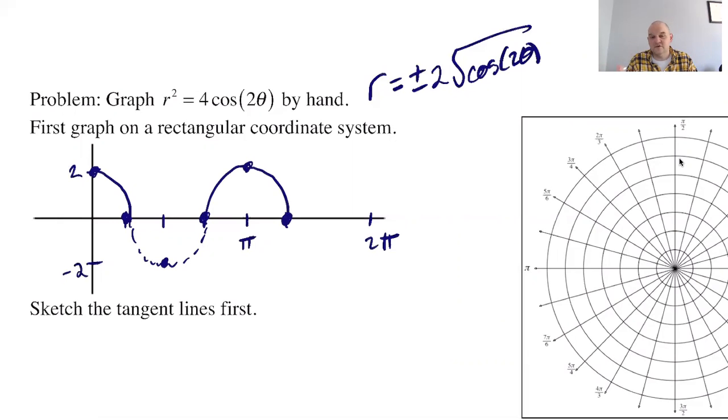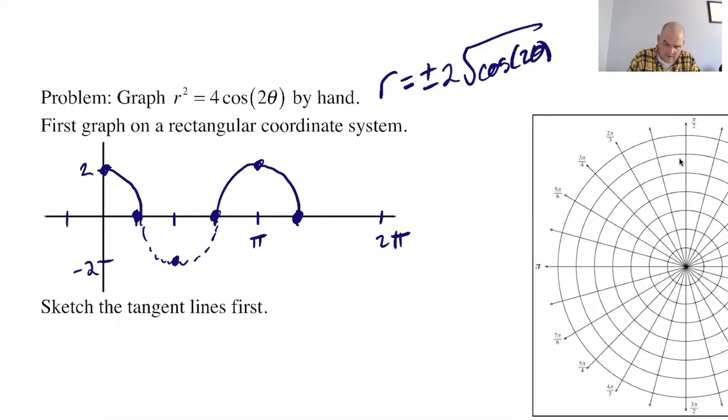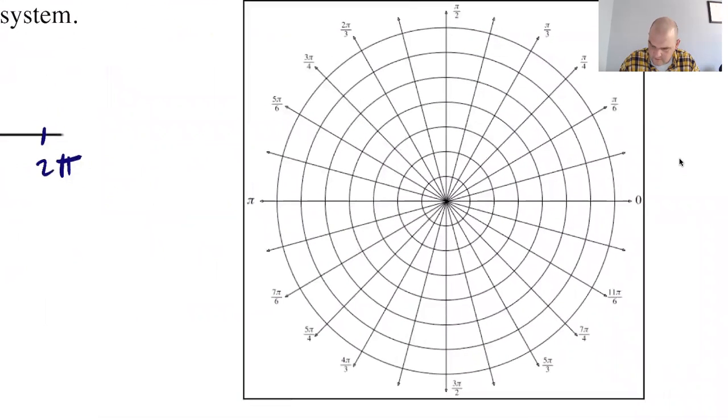I think a good idea here is to back up a little bit and do this. So this is pi, this is pi over 2, that'll be pi over 4, and this will be negative pi over 4. I'm going to use pi over 4 and negative pi over 4 as my tangent lines, and then I will graph it.